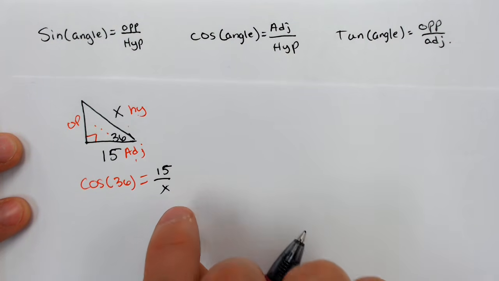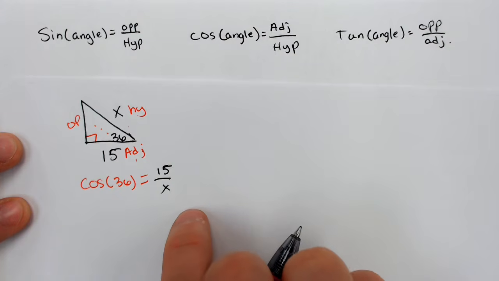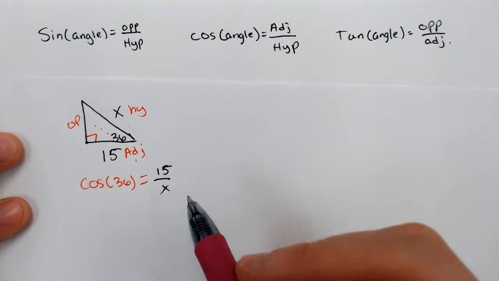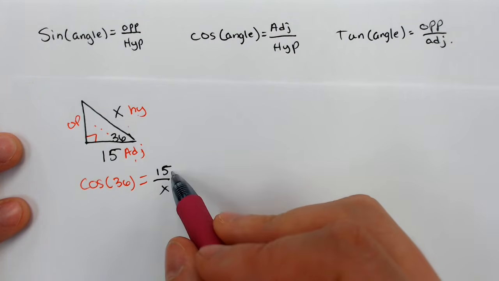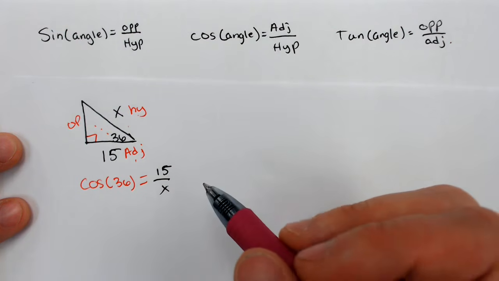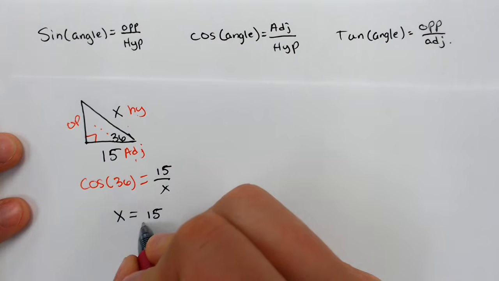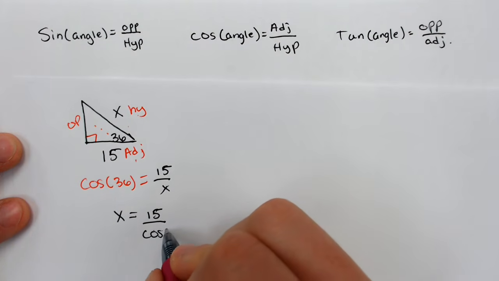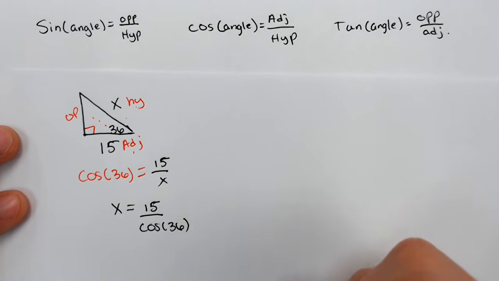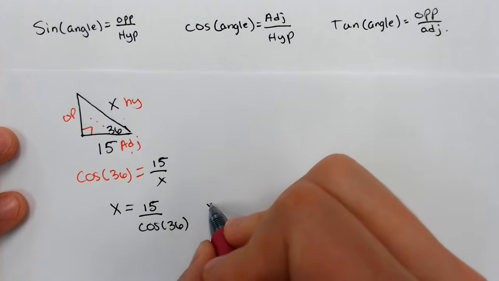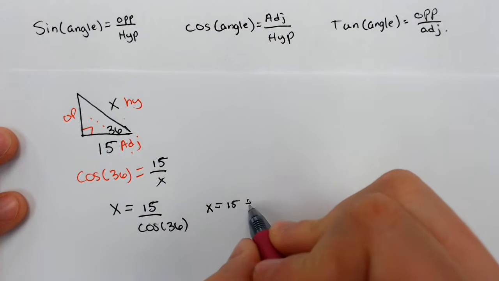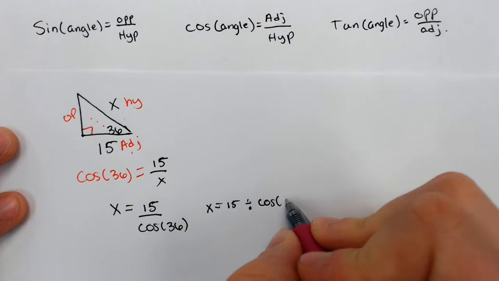If the x is on the bottom, there's going to be a switcheroo that happens here. So instead of taking the 15 and multiplying by the cos 36, these are going to switch locations, and it's going to be 15 divided by cos 36. Which means in our calculator, we're just going to do 15 and divide by cosine 36.